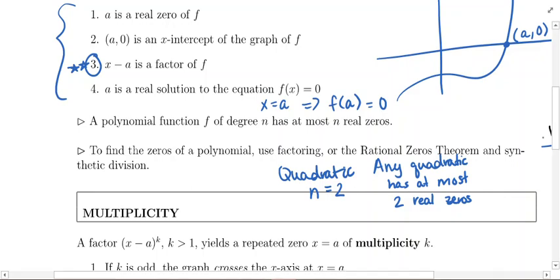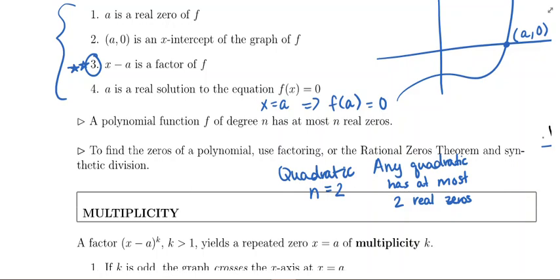So if you had a polynomial function of degree 6, it may have 6 x-intercepts. It may only have 5. It may have 4. It may have 3. Sorry, did I skip one? It could have 6, 5, 4, 3, 2, 1, or 0 x-intercepts. It can't have 7. Can't have 8. If it's degree n, it can have at most n real zeros.